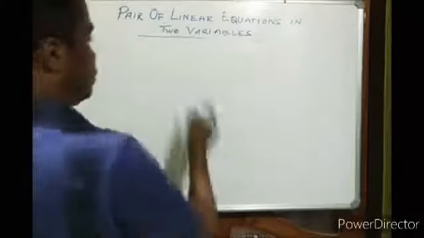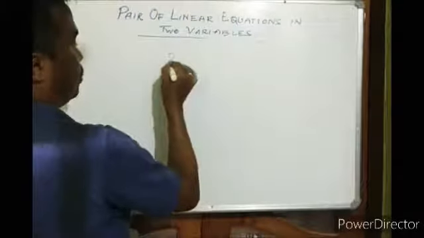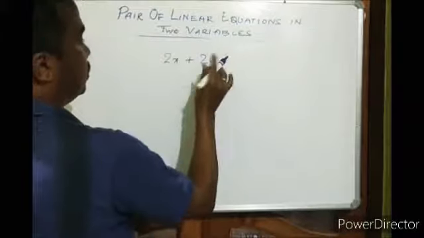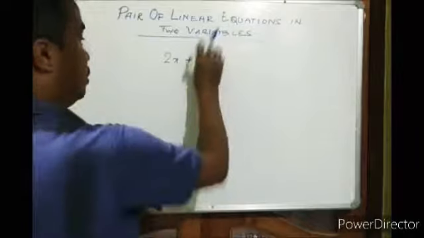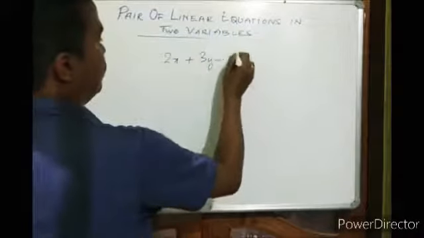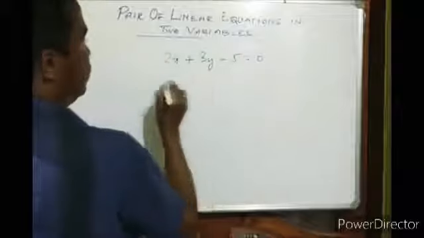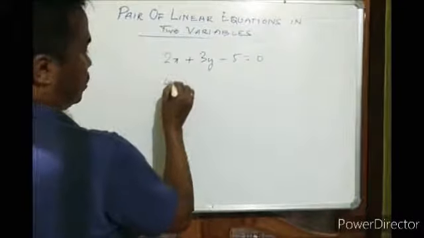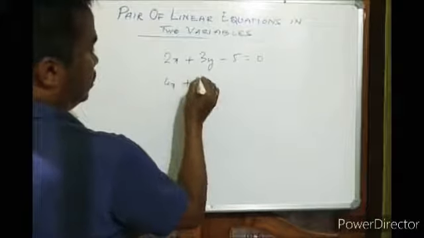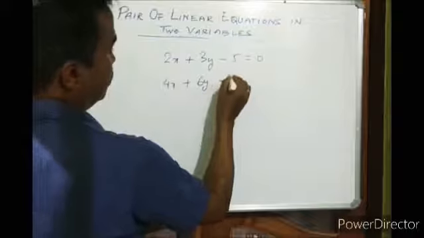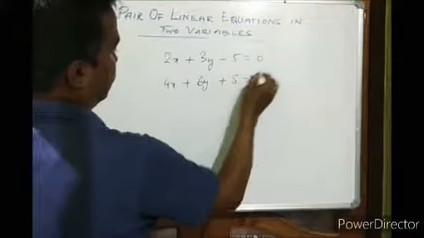Let's consider this system of equations: 2x plus 3y minus 5 equal to 0, and 4x plus 6y plus 5 equal to 0.